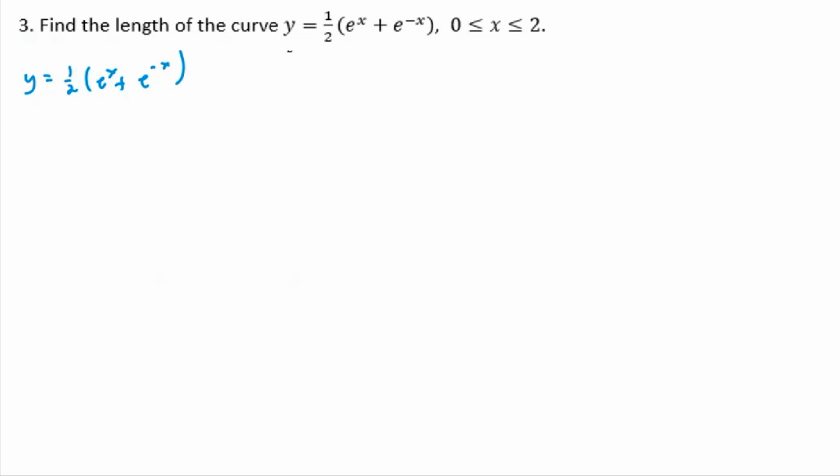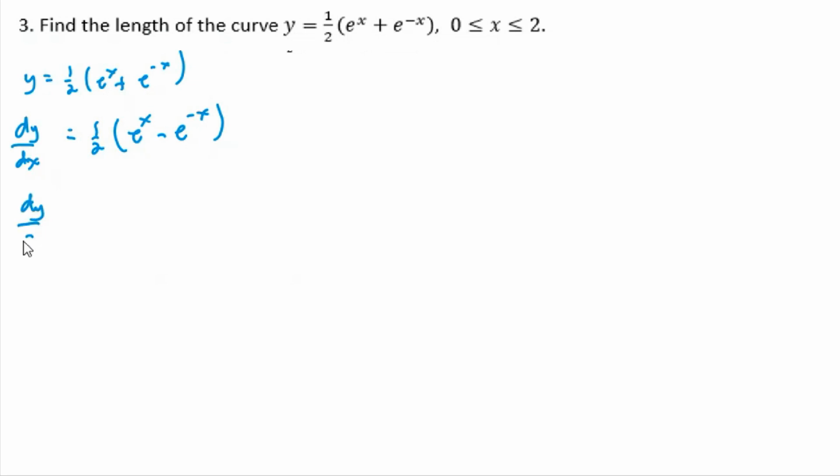So taking the derivative of that, I can write now dy over dx is equal to 1/2 of e raised to x. Then the second term becomes now minus e raised to negative x. Then we take now the square of the derivative.